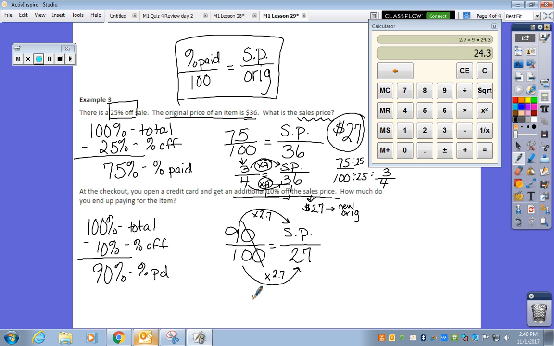And that gives me a new sales price of 24.3, which again, we're going to attach a 0 to make a dollar amount. So I would end up paying $24.30 for the item. Okay, so this is what you would do if you're getting an additional percent off of the sales price. So this is an extra added 10% off of the sales price.